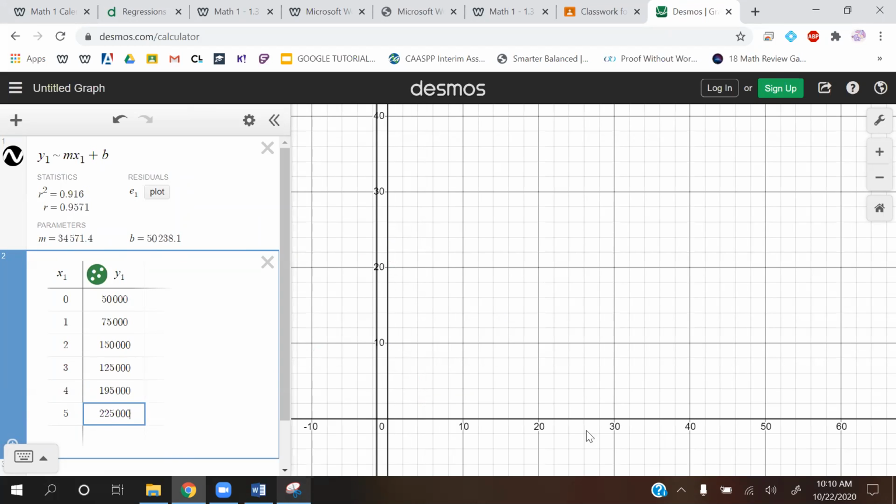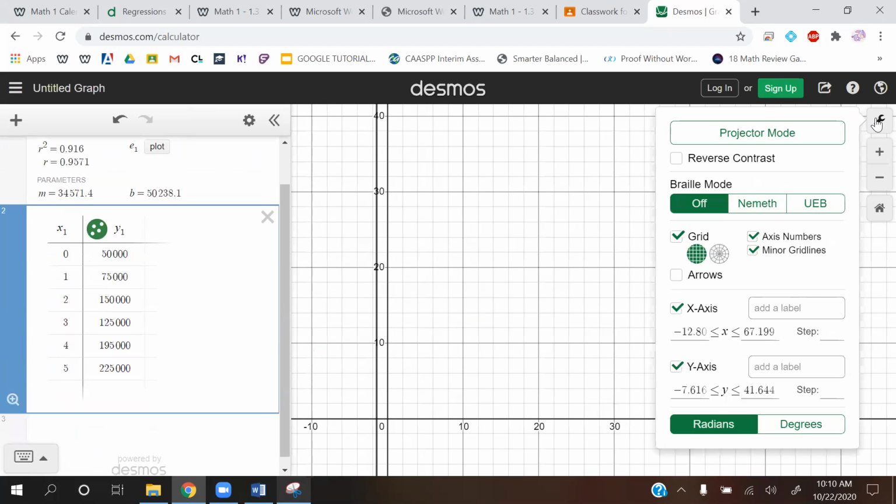All right. Obviously you can't see any of the points because our y-axis only goes up to 40. Our x-axis is fine, but our y values are so big and right now we are only seeing up to 40. So I'm going to change my settings so I can see things better. The x-axis we can have from negative 12 to 67.